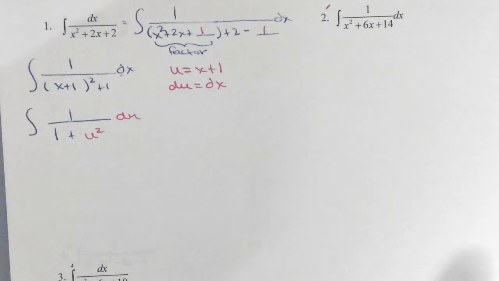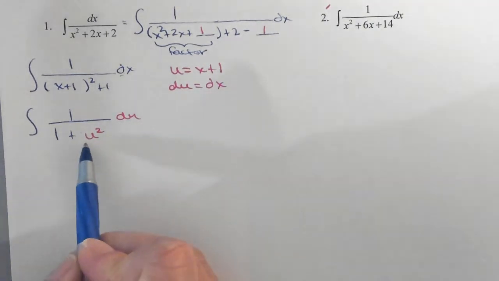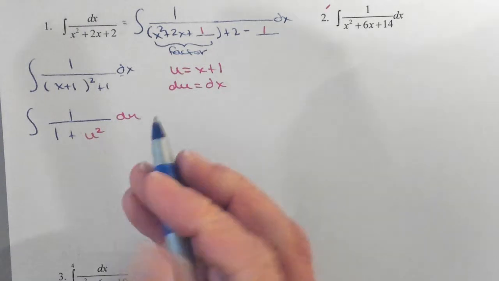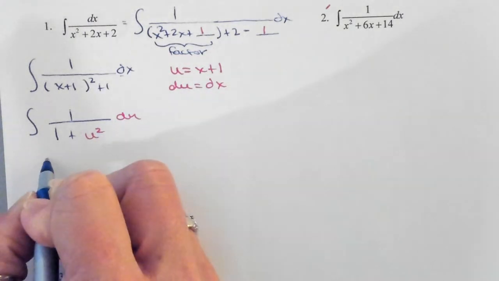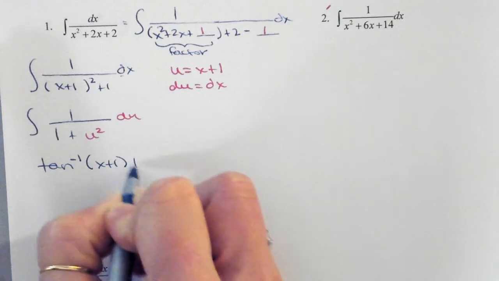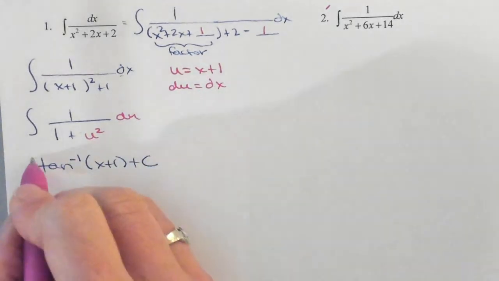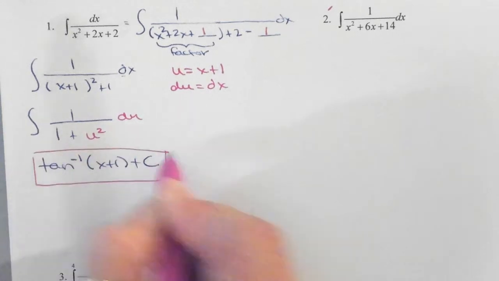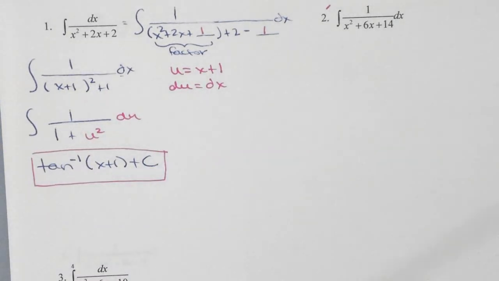Nice and quick, right? A lot quicker than a long division. So this is now inverse tangent. More specifically, inverse tangent of what? Yeah, x plus 1, and don't forget, plus c. Questions? That went a lot quicker than the long division.